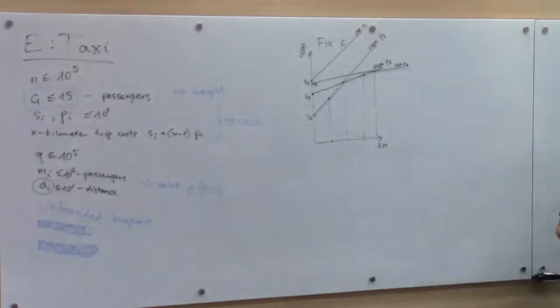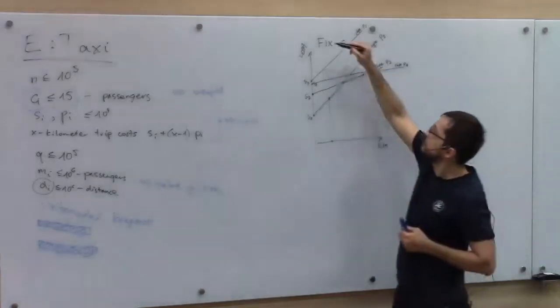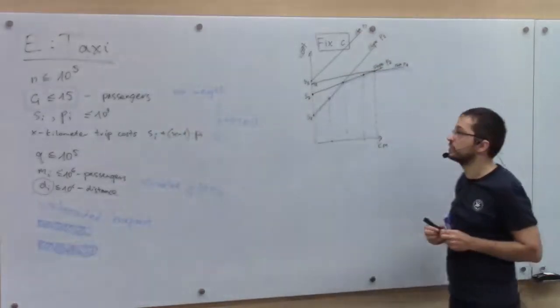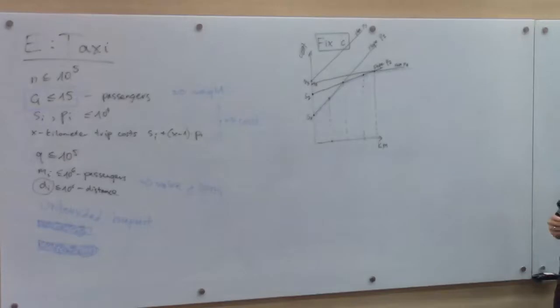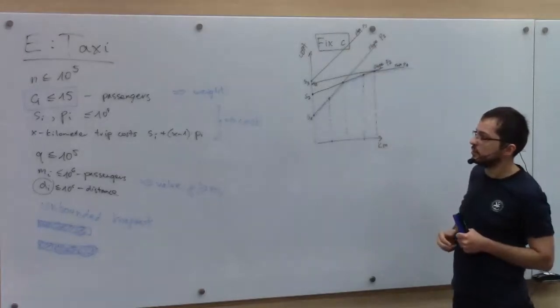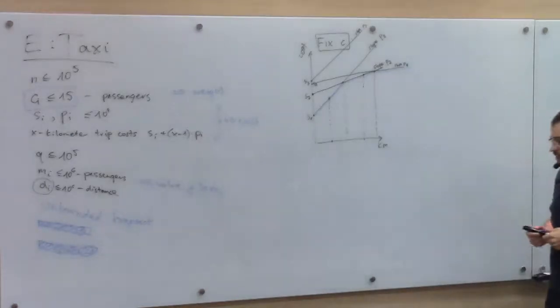So basically, we can prepare this data structure for every fixed value of C. So we will have at most 15 data structures of this kind, and each data structure will give us the information about the minimal cost of the cab which has room for C passengers for every possible distance.